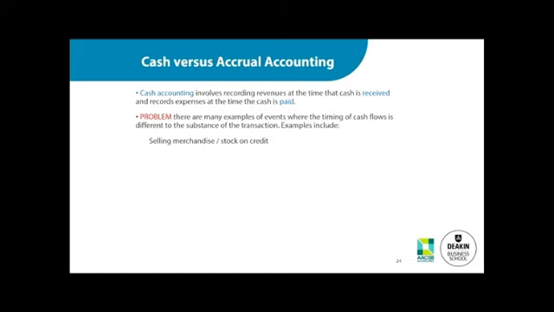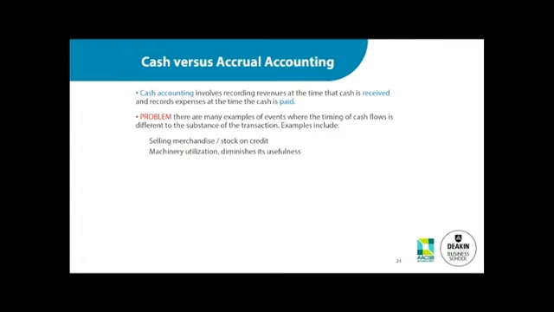That is a big problem for cash accounting because the transaction has happened this year, but you cannot take into account a proper measure of profit for this year because you should wait until next year when you receive the cash. So this is one of the typical problems with cash accounting.